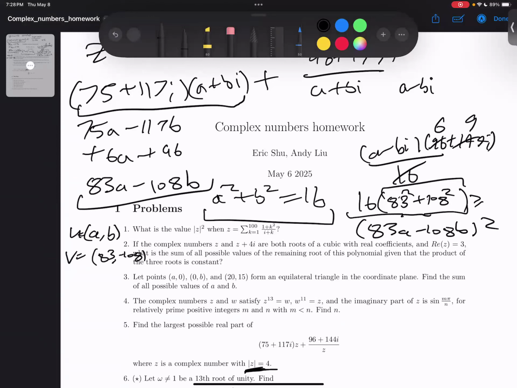Wait, was this today? Was this year's AIME number 8, or was it last year's AIME? It was last year's AIME? Oh my god. I thought it was this year's for some reason. Oh no. Well, was it AIME 2 then? No, it was AIME 1. I remember solving this problem.